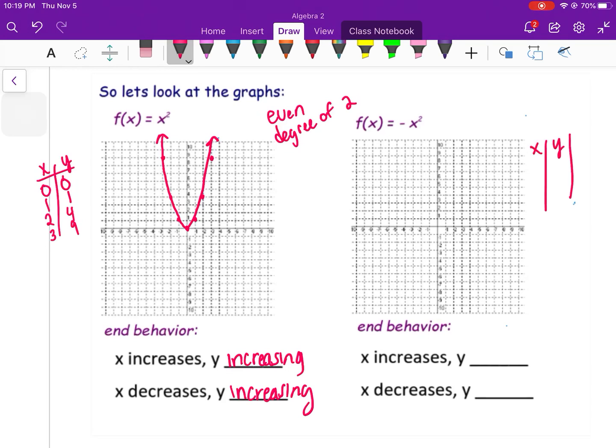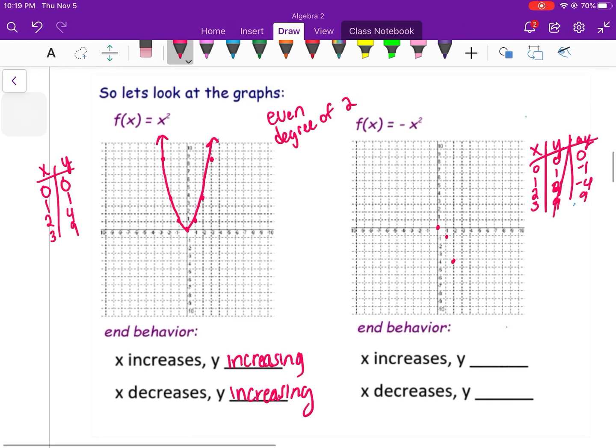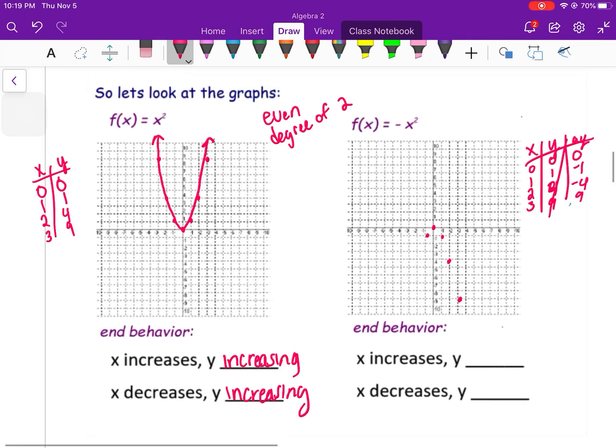The only difference for the negative one would be that instead of going up, 4, 9, it's going to go down. So over 1, down 1, so start 0, 0, over 2, down 4, and over 3, down 9. And then, of course, the same on the other side because it's even, that's a reflection.